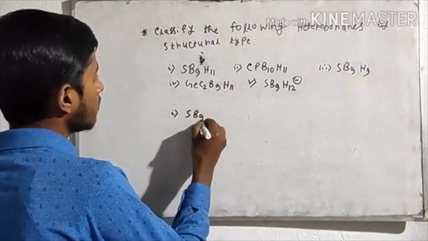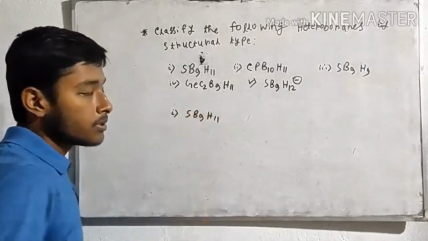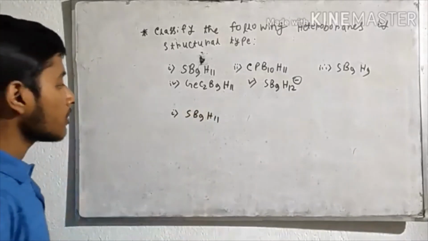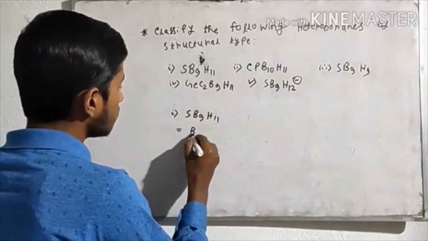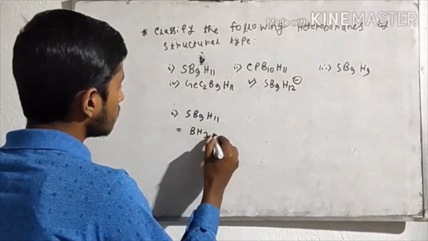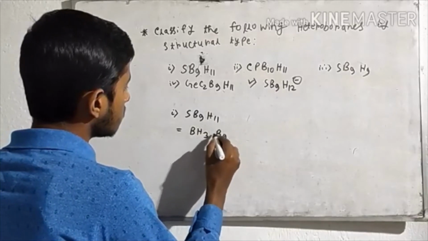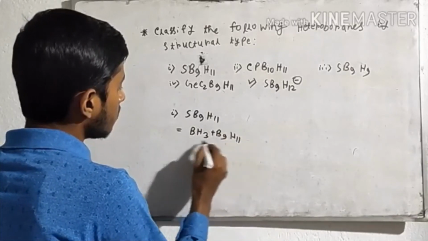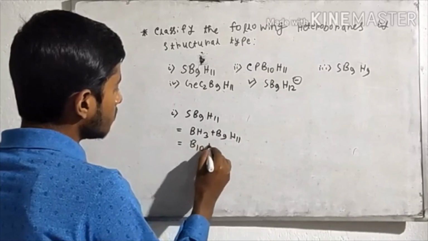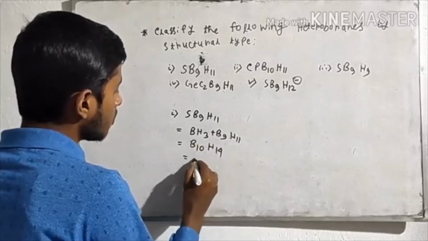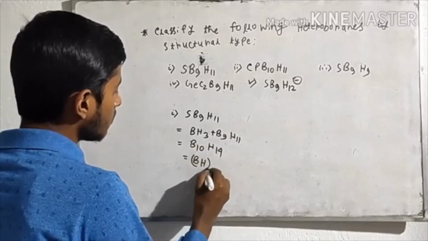So let us start with number 1, which is B9H11. Sulfur is a group 16 element, so it will be replaced by a BH3 unit. So it will be B10H14. We will separate the BH units.